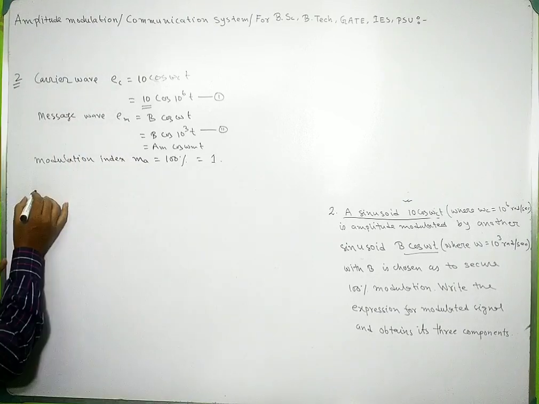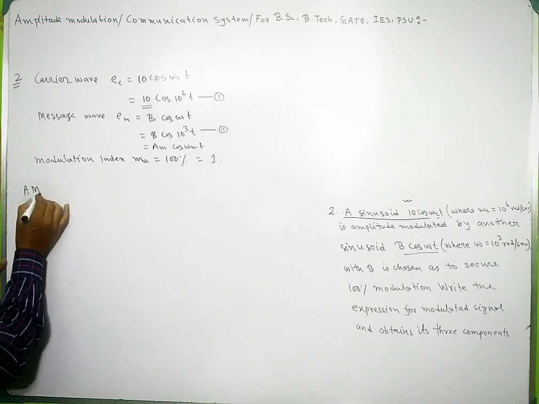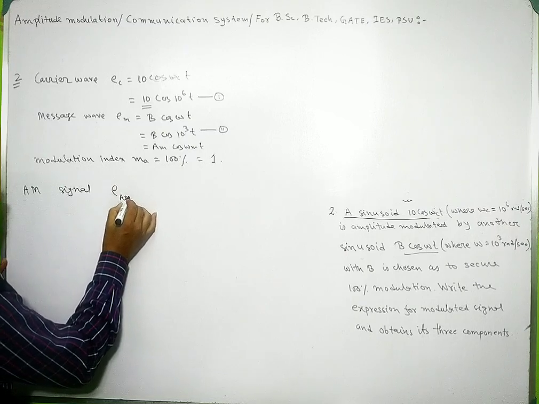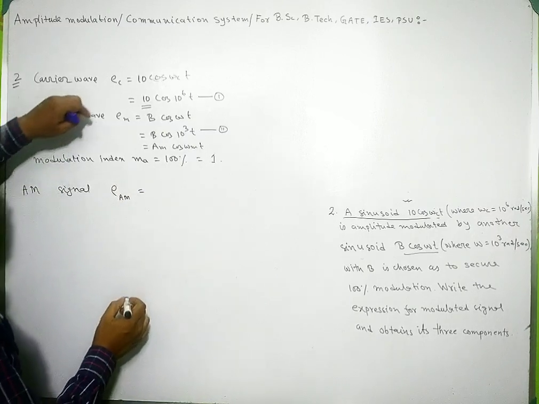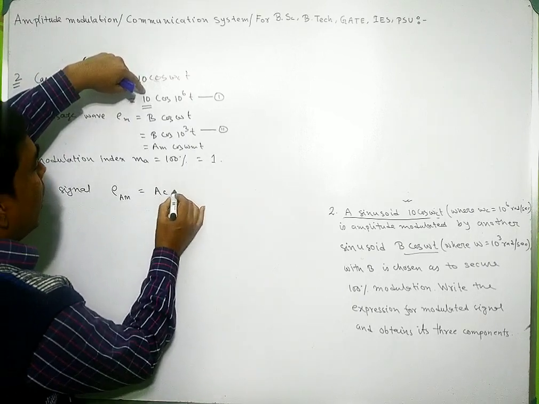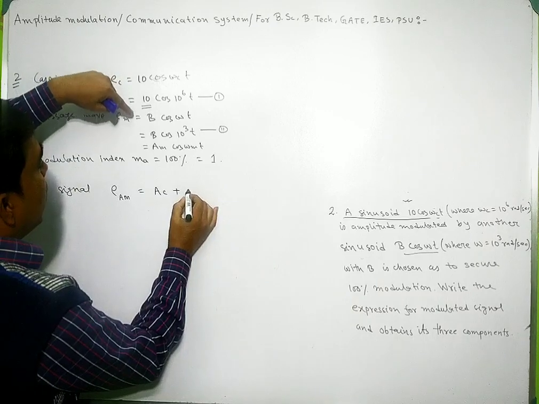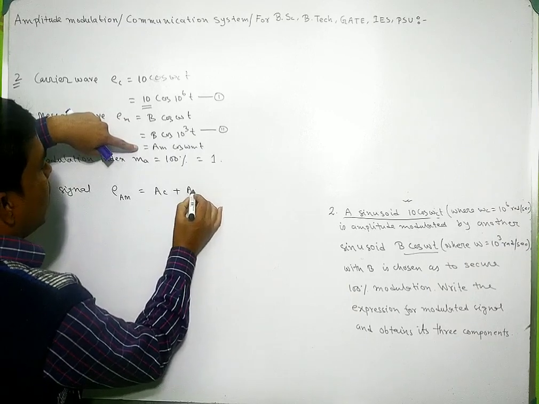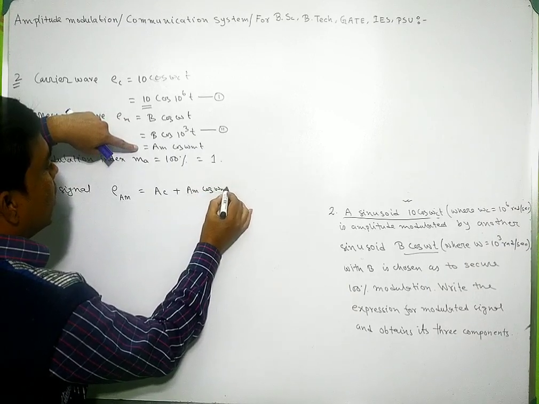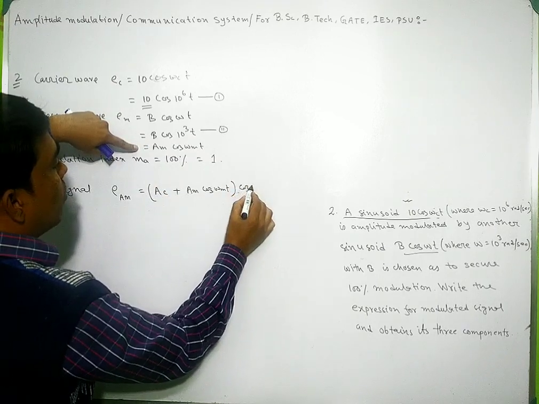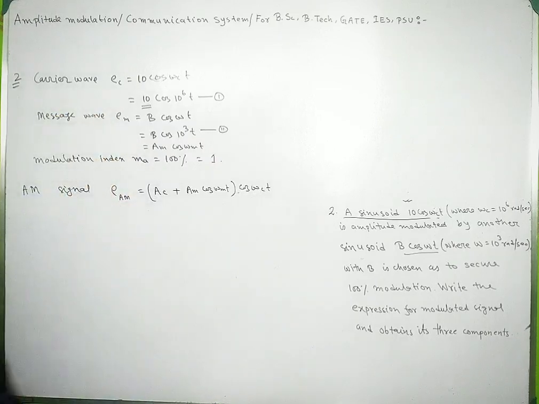Now you have the amplitude modulated signal EAM, which can be written as AC plus AM cos omega mt into cos omega ct. This is the amplitude modulated signal.